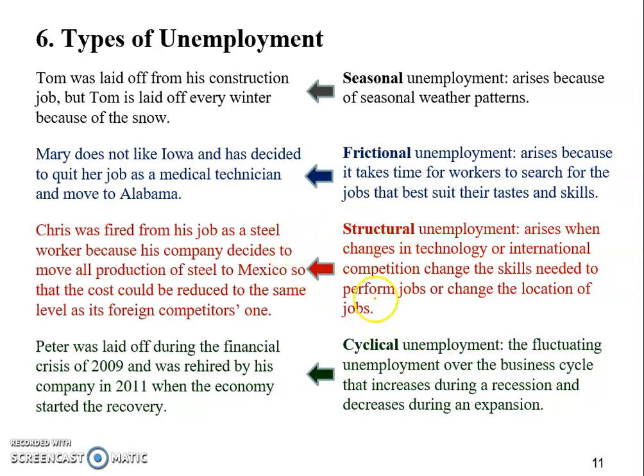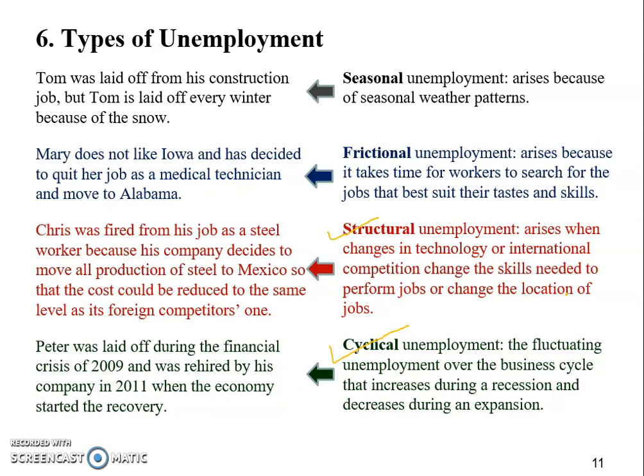For macroeconomists, when we look at the national economy, we would say that structural unemployment and cyclical unemployment are more important. Seasonal unemployment depends upon the season, right? Or the weather. So there's basically nothing we could do as a macroeconomist.